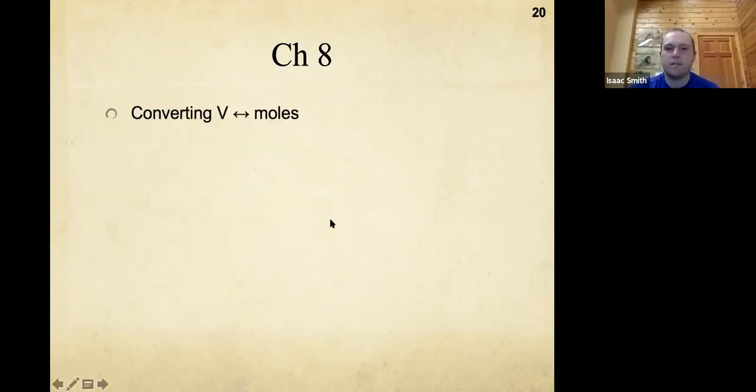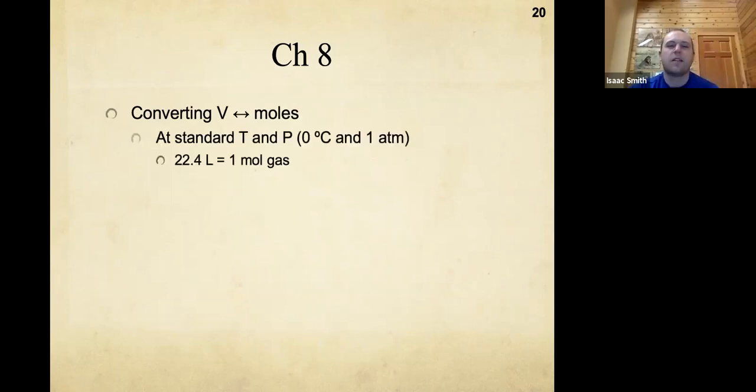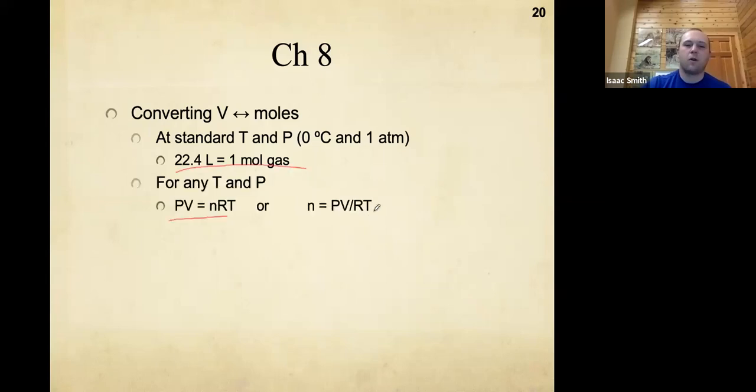All right, and converting volume to moles, we talked about a few different ways to do this. At standard temperature and pressure, use the 22.4 liters per mole, right? For any other temperature and pressure, you can just do PV equals nRT to convert from volume over to moles, okay?